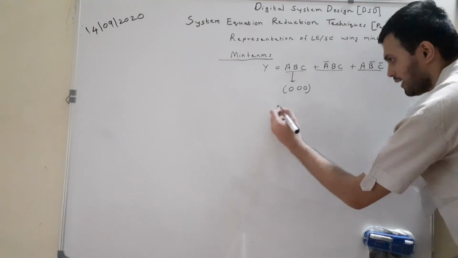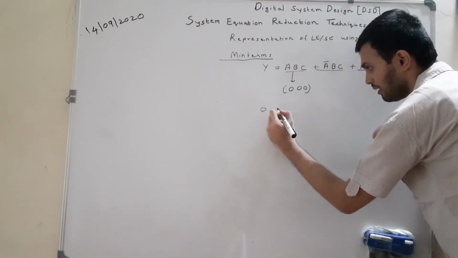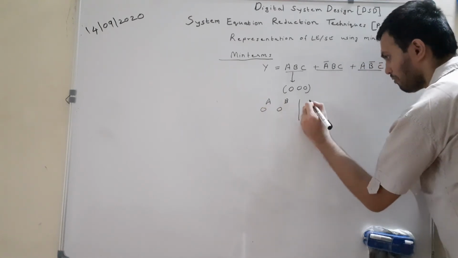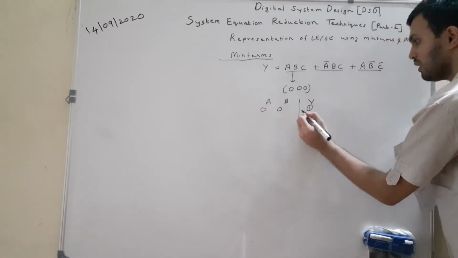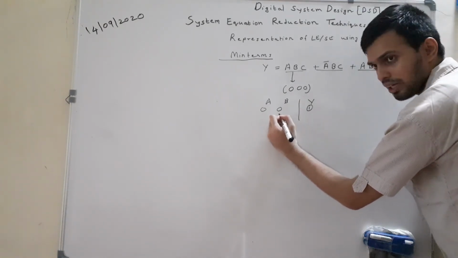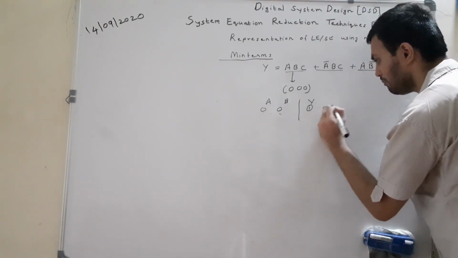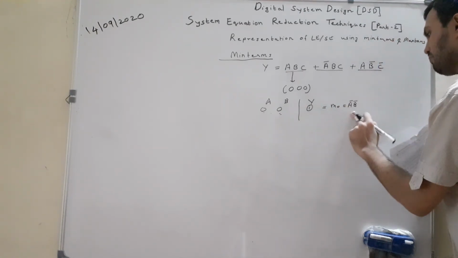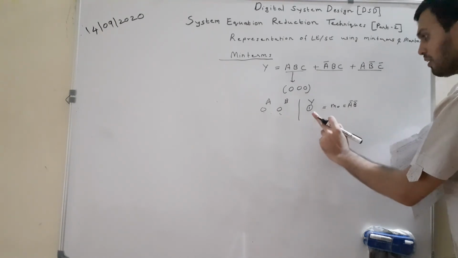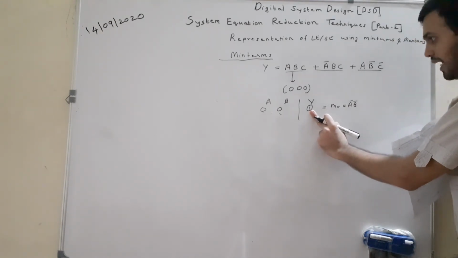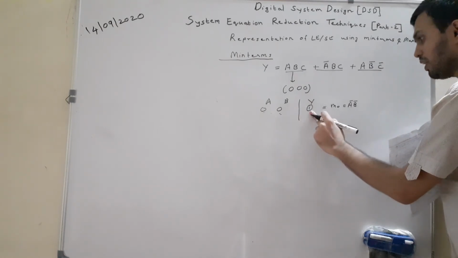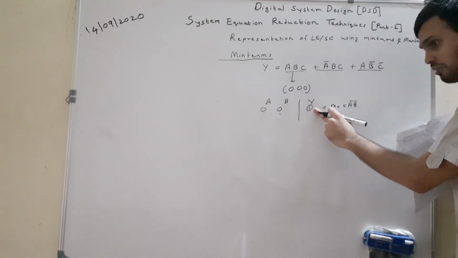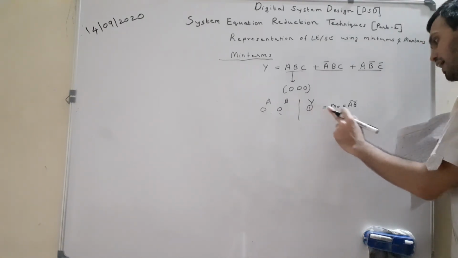To understand this, suppose we have a truth table with inputs A, B and some output Y. A complement dot B complement will be min term 0, because the corresponding output for it was 1. The input variables whose output was 1, which produce logic 1 at the output of the digital circuit, are known as min terms.